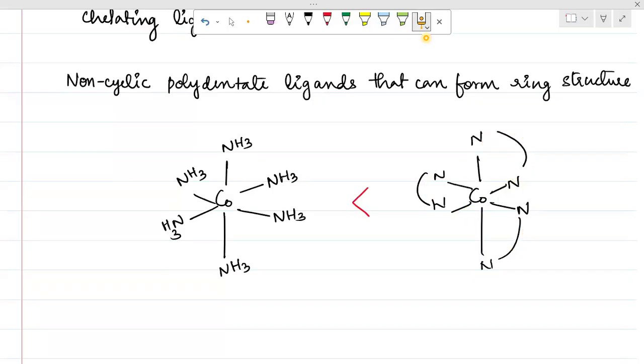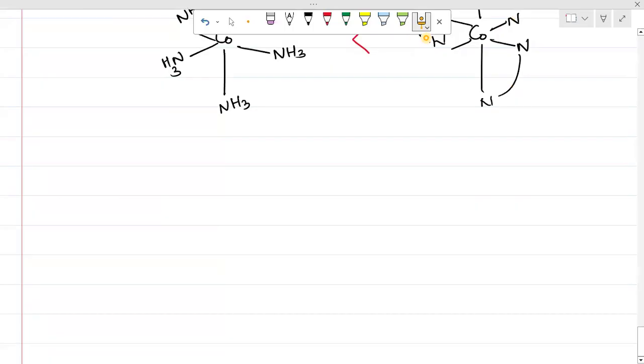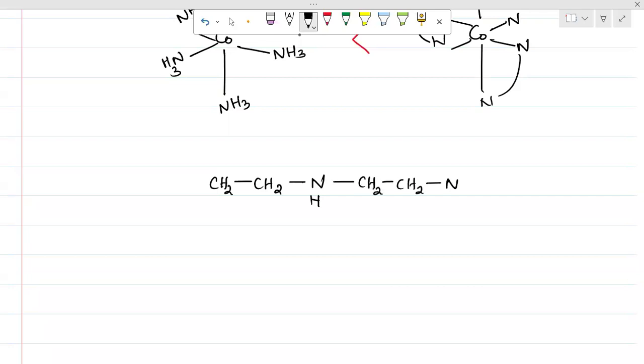There are again many examples. Let's say diethylene triamine. Diethylene means 2 ethylene. NH, CH2, CH2, NH2, NH2. See how many donors are there? 3. 1, 2, 3. All of these 3 can donate to the metal and they can form a ring structure. So this is diethylene triamine.